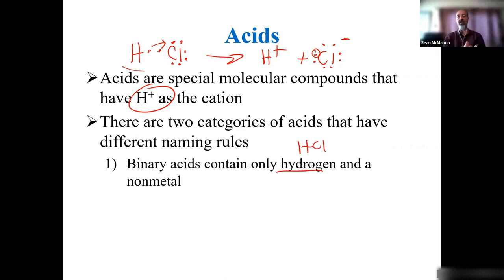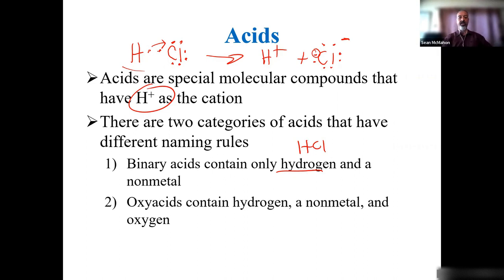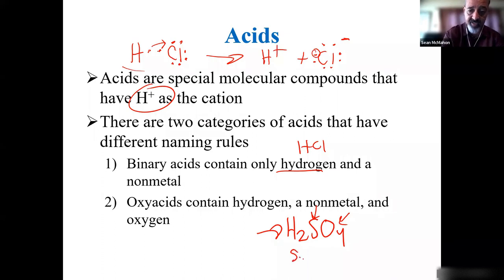It's got hydrogen and a non-metal. The other type is an oxyacid. They have hydrogen, a non-metal, and oxygen. We saw that earlier with the H2SO4. We have the hydrogen, the non-metal is sulfur, and then the oxygen. The name is derived from the non-metal. This is sulfuric acid, but we'll get into that next lecture.